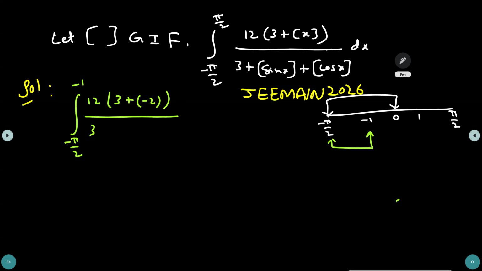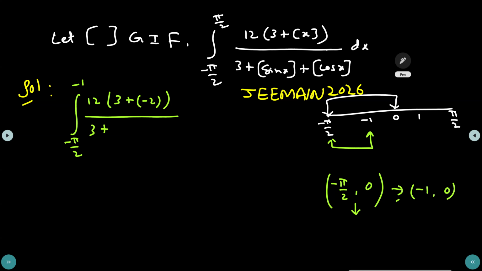But here, whenever you get step sin x and step cos x, you get some confusion, right? So you take the total interval as minus pi by 2 to 0. For minus pi by 2 to 0, if you apply sine values, sine of minus pi by 2 is minus 1, sine 0 is 0.